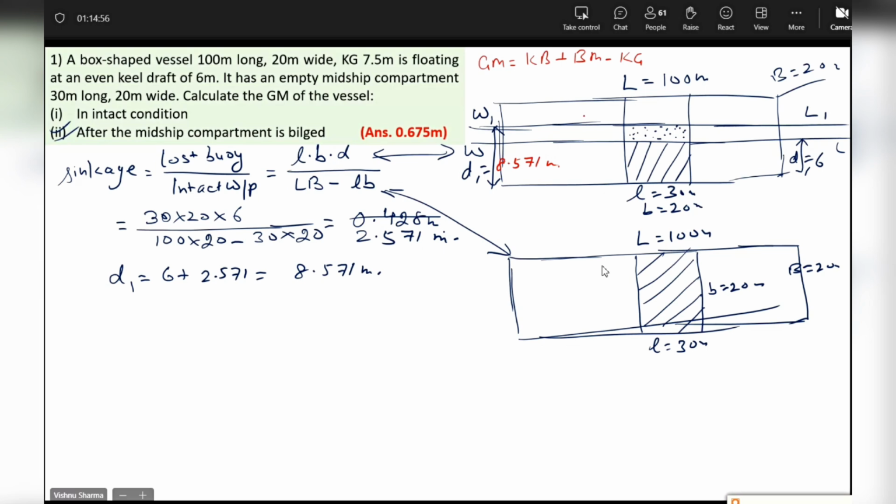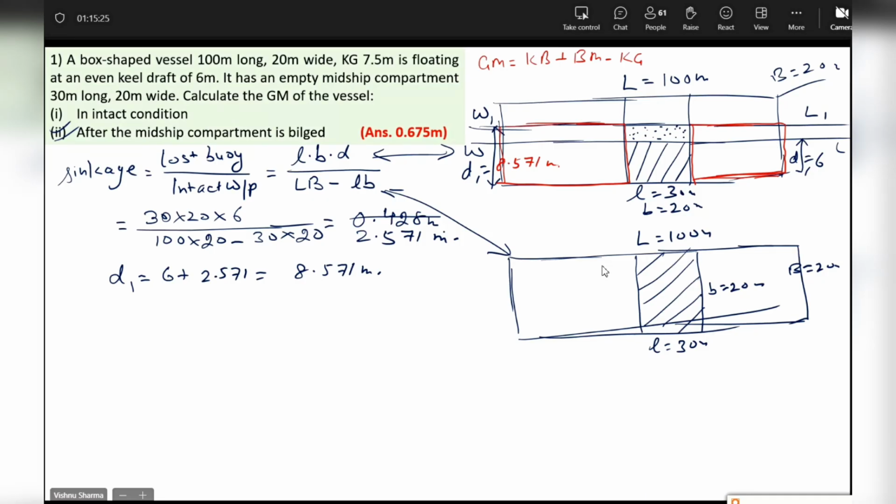Look at the upper diagram. In the bilged condition, this is one volume of buoyancy, and this is the other volume of buoyancy, because everything in between is not contributing to buoyancy in the bilged condition. Do you agree with me, beta? Yes. These two red bound volumes are the volumes of buoyancy in the bilged condition.